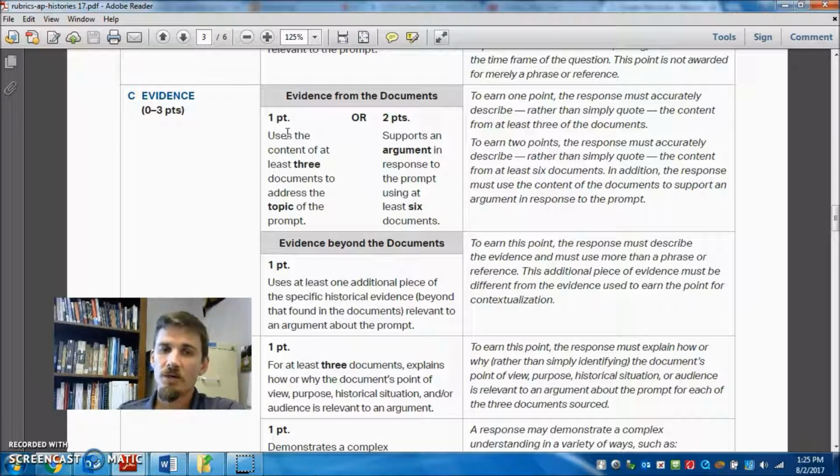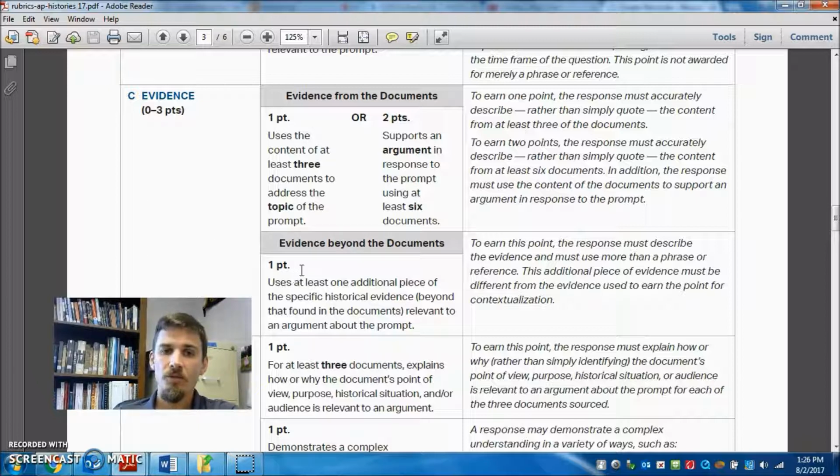Okay, and so that's actually going beyond the 1 point, because there you're just using evidence from 3 documents. The 2 point, where you can get 2 points, is you have to use the evidence from at least 6. There will be 7 documents, and from at least 6 documents in support, using that evidence to support whatever argument it is that you are making. So not just stating what's in there, but using that in your argumentation piece.